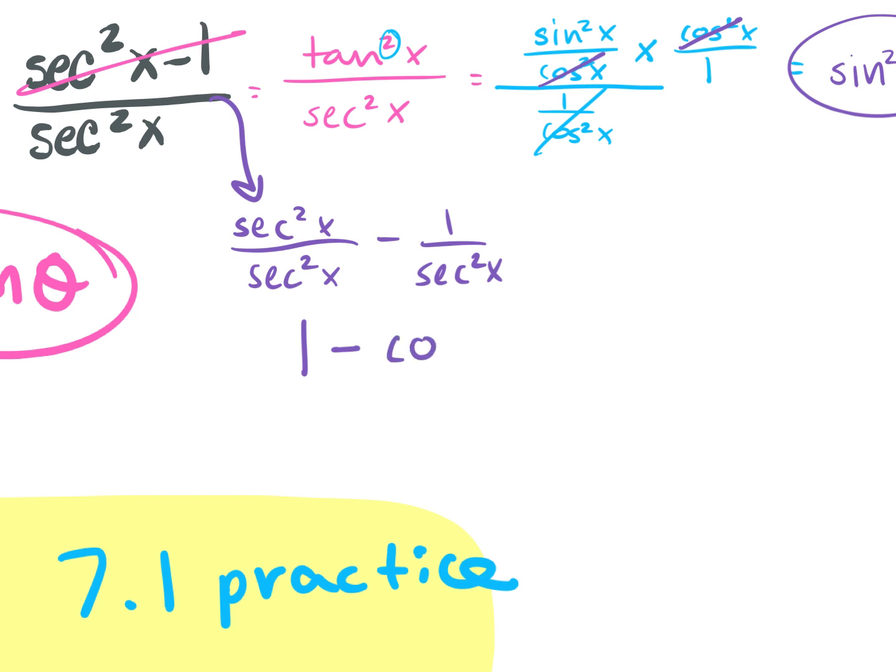Cosine, so that would be cosine squared. And what's 1 minus cosine squared? Sine squared. So you can do it however you want, just make sure you're simplifying correctly. But there's more than one way to get the right answer for these questions.